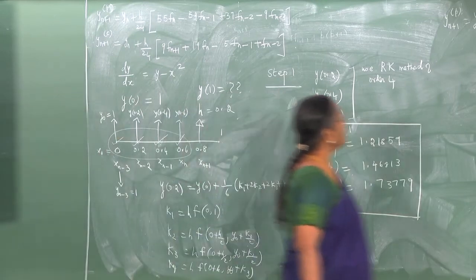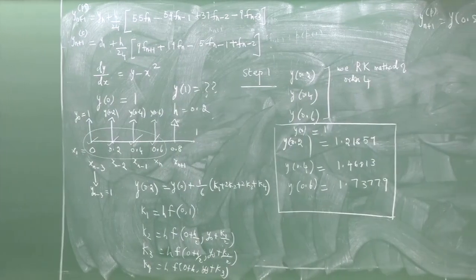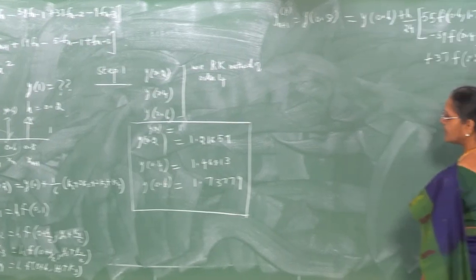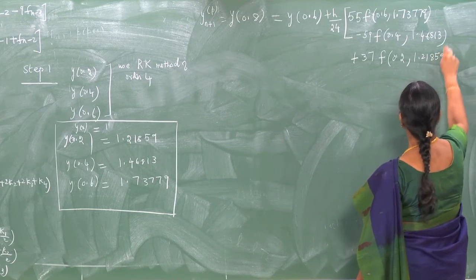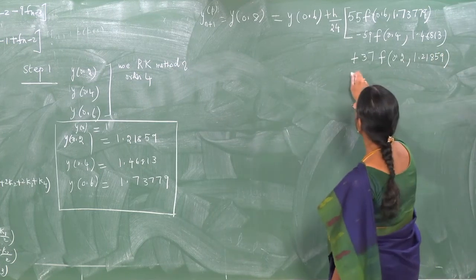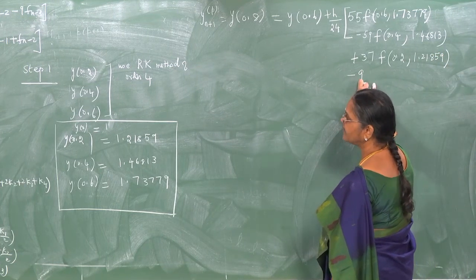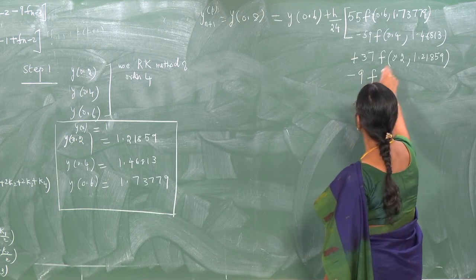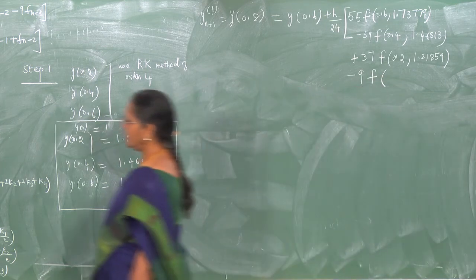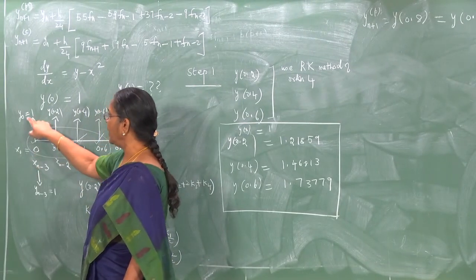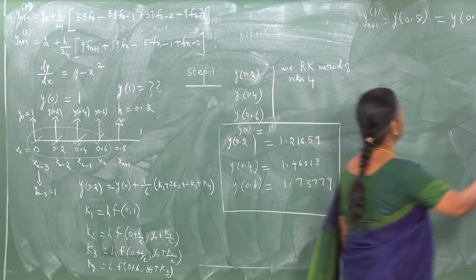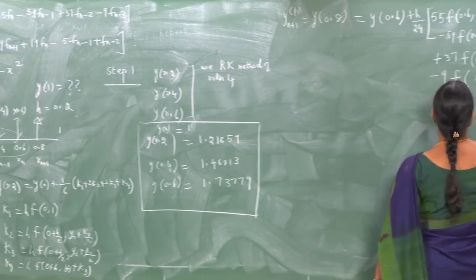So, it is f of 0.2 comma, what is the value at 0.2? 1.21859, and the last term minus 9 times fn minus 3. Our n minus 3 is 0 and the value there is 1. So, it is f of 0 comma 1.